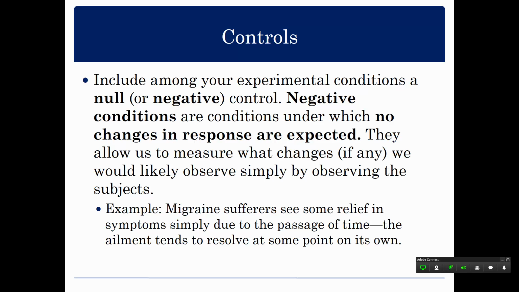So if we failed to take this change in outcome into account when we're looking at the actual effect of the treatment, we may overestimate the effect of treatment because some of these individuals may have resolved simply as a function of the disease process as opposed to actually having an effective treatment.